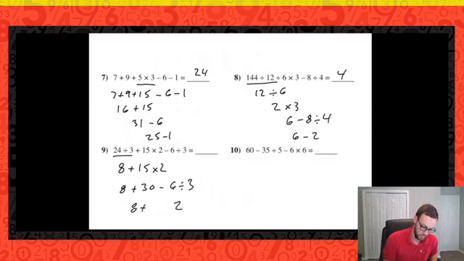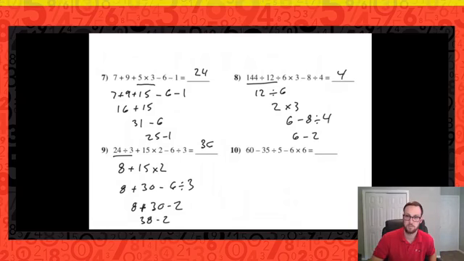So we can write in the rest of our problem. So I have 8 plus 30 minus 2. So 8 plus 30 is 38 minus 2 gives us 36. All done.